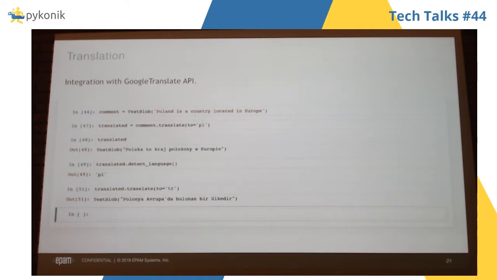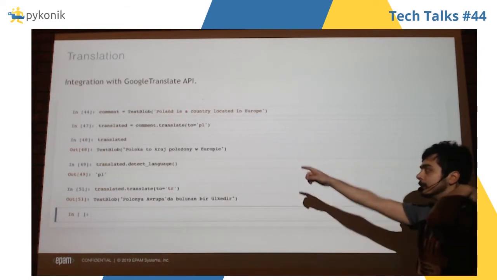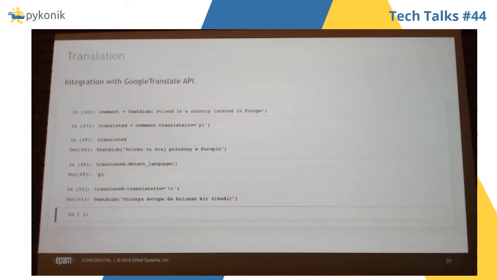The comment is a TextBlob instance, and a TextBlob instance has a translate method, and I'm translating it to PL, and it returns a translated version of that text. I cannot pronounce that, I don't know Polish yet, but this is the Polish version of my comment.